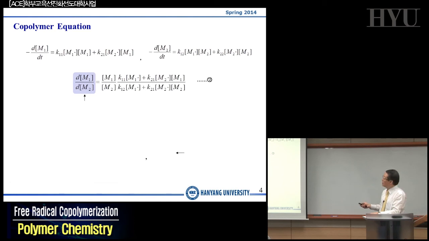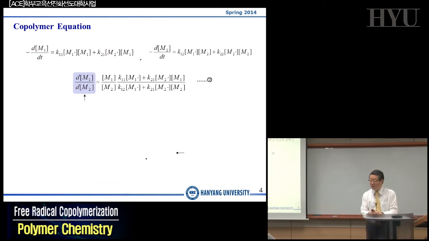All right? And if we rearrange this equation, dM1 over dM2, which means that if you divide this equation by this equation, you can rearrange it into the second equation here.